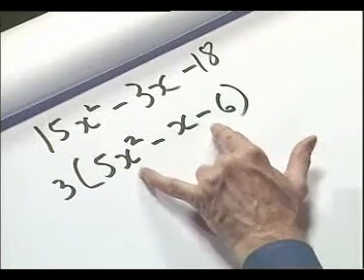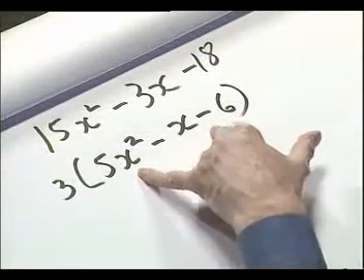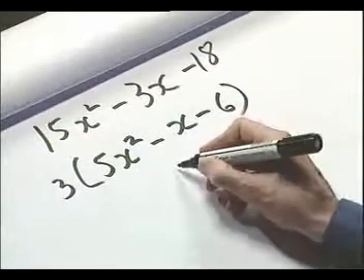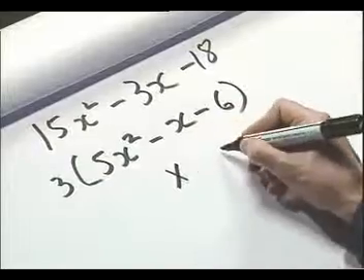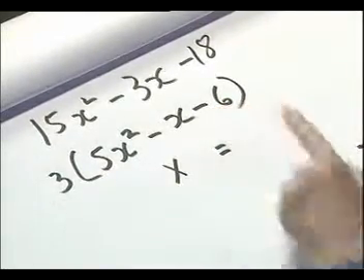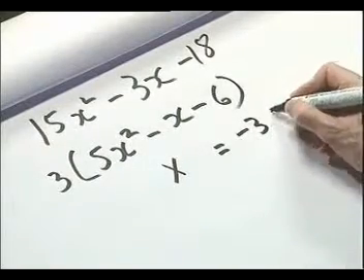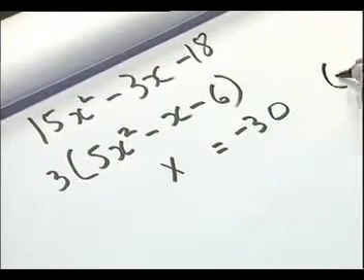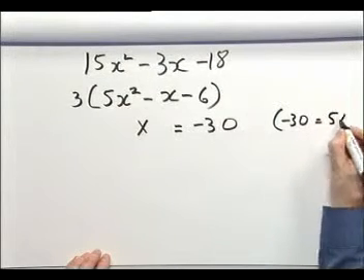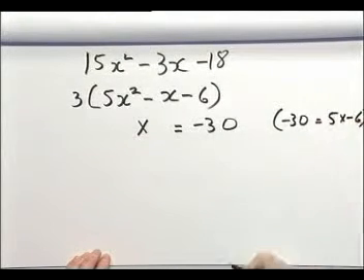And now we're looking at factorizing this expression here in the bracket. And we're looking for two numbers that will multiply together to give us 5 times by minus 6, which is minus 30. And again, I'll just write down where that came from. Minus 30 was 5 times by minus 6.